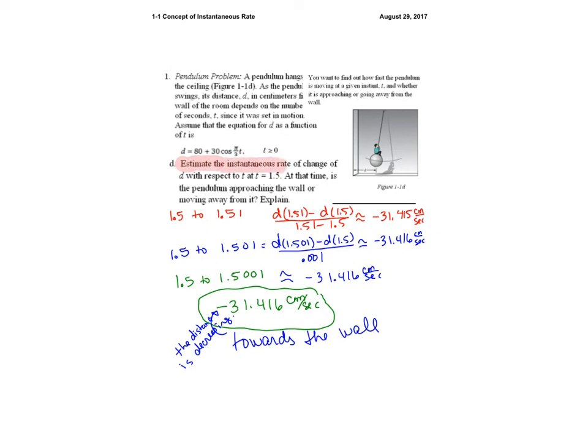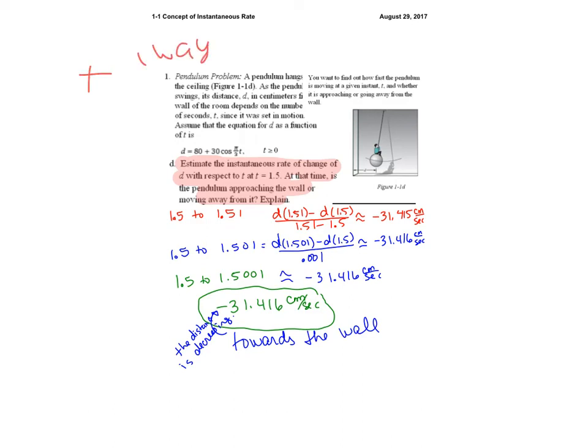Estimate the instantaneous rate of change of d with respect to t at t equals 1.5. At that time, is the pendulum approaching the wall or moving away from the wall? Okay, so since d represents the distance from the wall, a positive slope would imply it's going away.